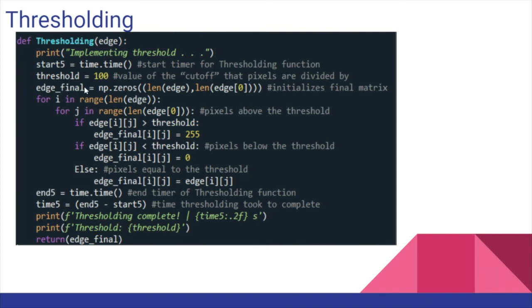Then the next line is initializing the final matrix. As for the for loop, this means that for pixels above the threshold, we're going to set it equal to 255, which will be white. And if they're below the threshold, we're going to set it equal to 0, which would be black. Else the pixel is equal to the threshold. And then stop the timer, find the time it took to complete, and then print.